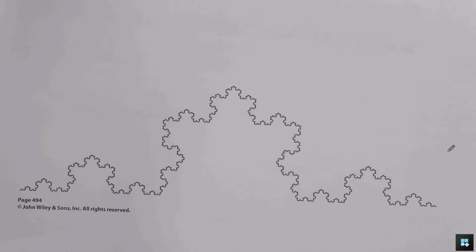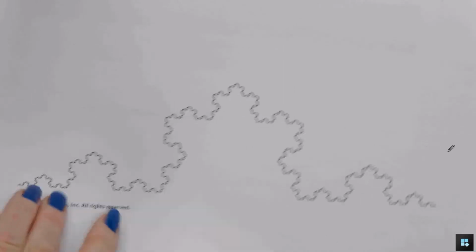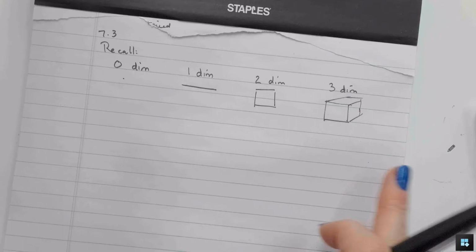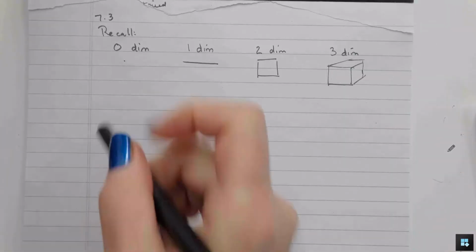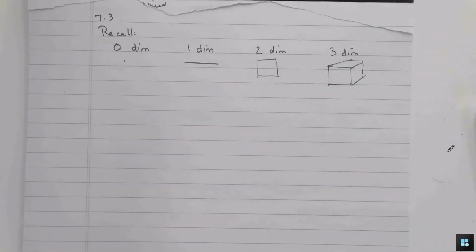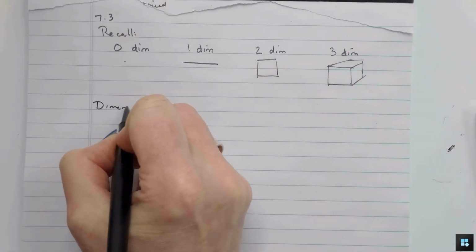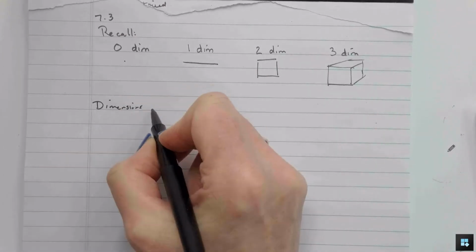Who remembers what our definitions of dimension were? Does anybody remember? Degrees of spatial freedom of movement, or how many pieces of information to locate a position. Good.